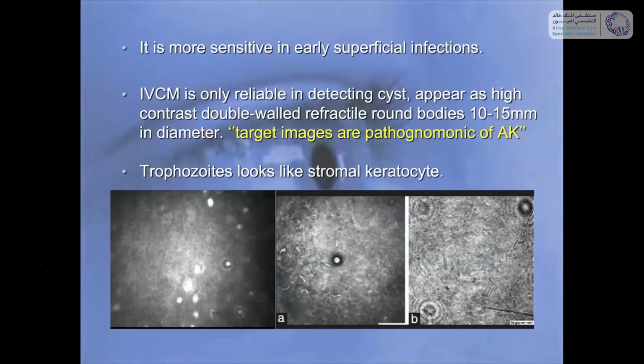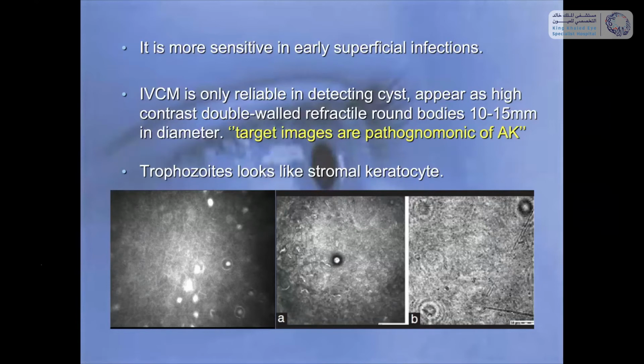It's more sensitive in early superficial infections because you can have better resolution to detect the cyst mainly. So it is only reliable for detecting cysts, and as you can see, it appears as a double-wall refractile round body of around 10 to 15 micrometers in diameter.